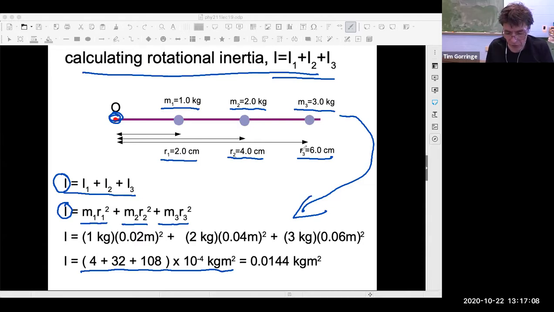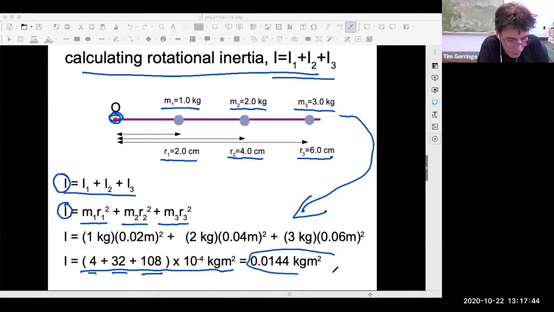Now the moment of inertia goes as the product of the mass and the square of the distance. So the second mass, which has twice the mass and twice the distance, will have 2 times 2 squared, 8 times the moment of inertia of the first mass. And you see that there. And then the third mass is 3 times the mass, and it's at 3 times the distance. So it'll have 3 times 3 squared, which is 27, 27 times the moment of inertia of the first mass, and that's what you see here.